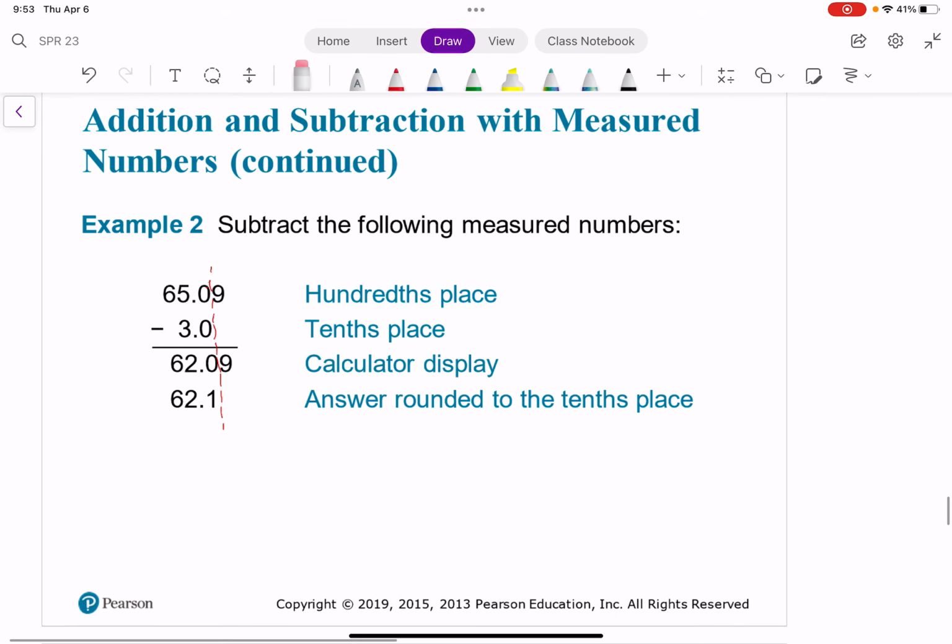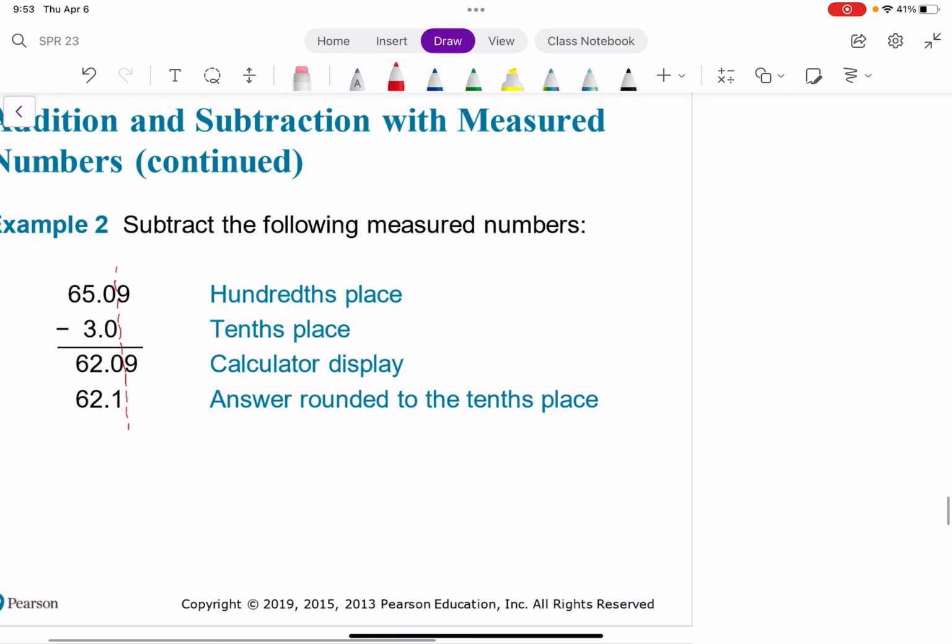Okay, let's try this example. We've got 65.09 minus 3.0. If you were doing this on your own and it wasn't set up for you yet, remember that you want to line up the decimal places. That's going to make your life easier.